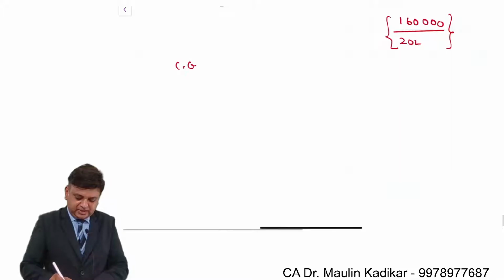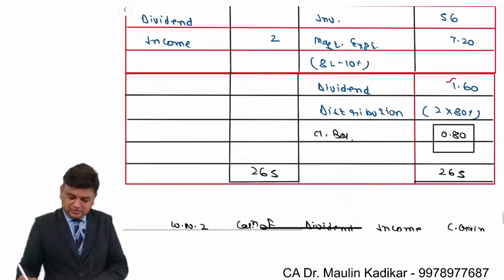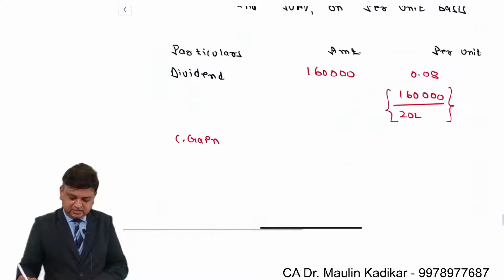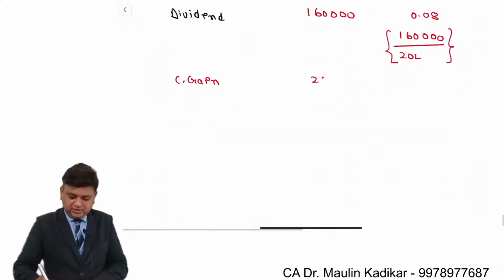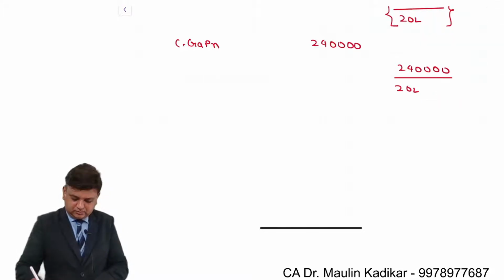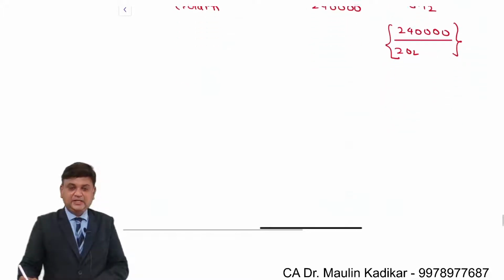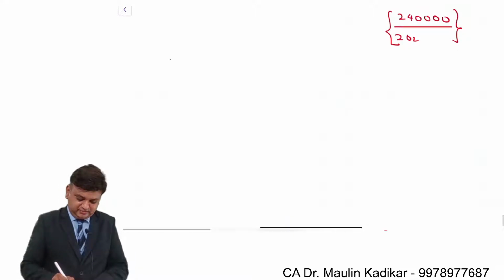Next is the capital gain. It is, I think, 2 lakh 40,000. Yes. So on a per unit basis it is 12 paise. And the next is NAV1.